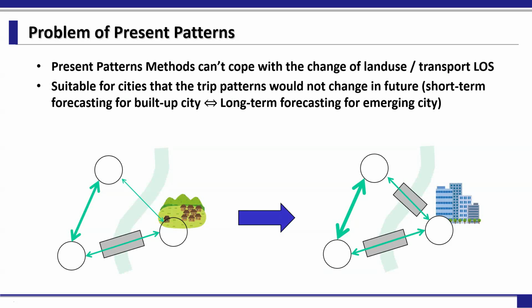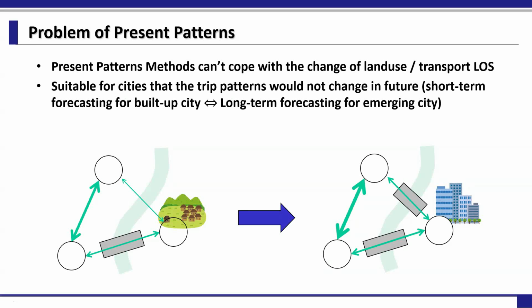If there are no such trips as of today, those trips cannot be modeled. In those cases, especially for so-called emerging countries or emerging cities, applying present patterns is a little bit difficult.